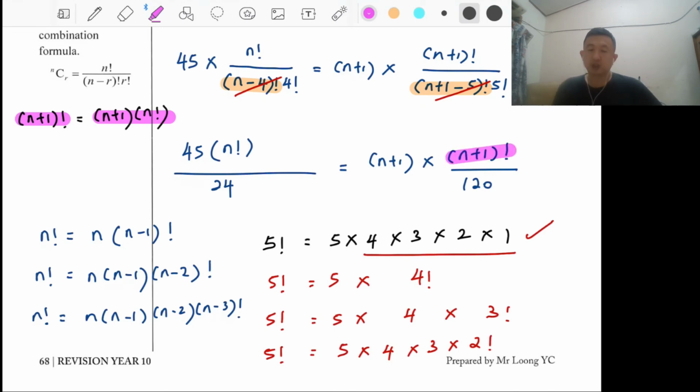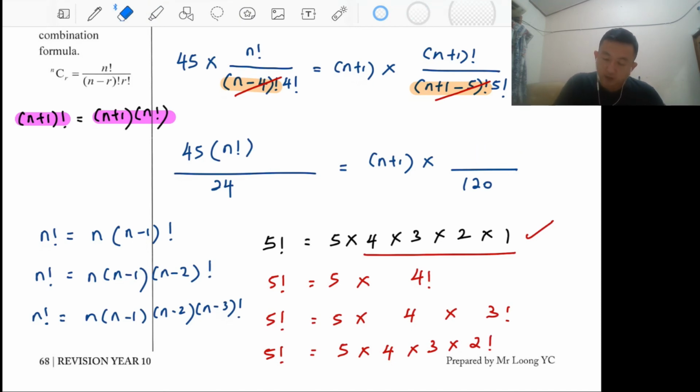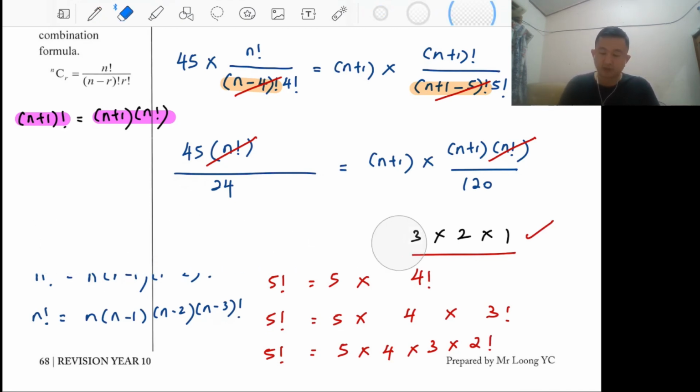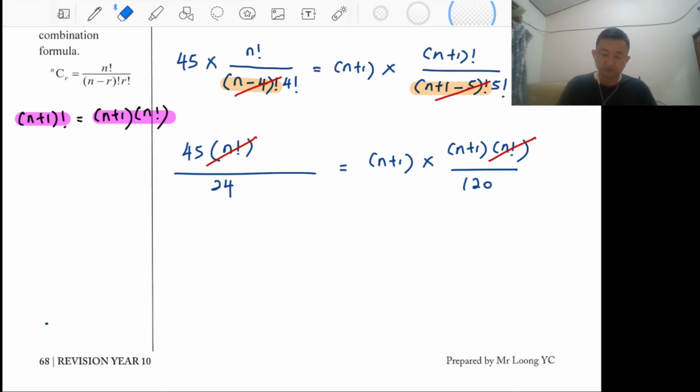Why do I change it? You will know later on. I change it so that I have the same thing on the left and on the right, same level, and I can cut it off. It's easier that way. Once I cut it off, it'll be very easy and simple.